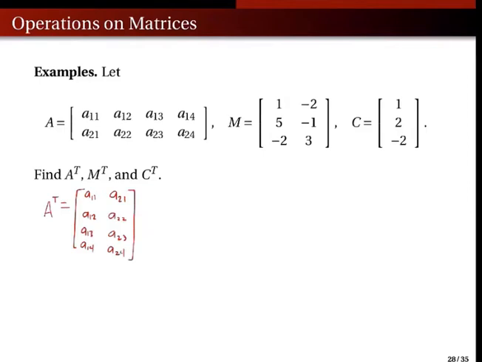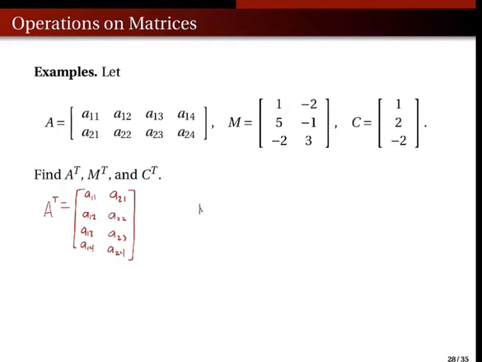Now, do not be confused with the labeling of entries in here. We are just looking at the entries of A, and the labeling should also follow the entries of A to get your A transpose. But in essence, rows become columns of the transpose.